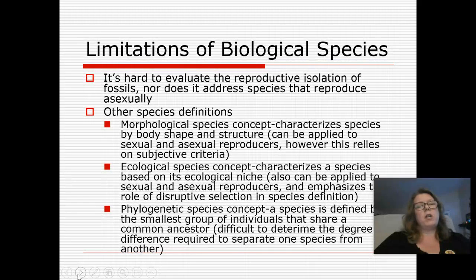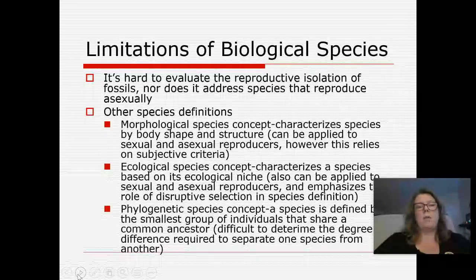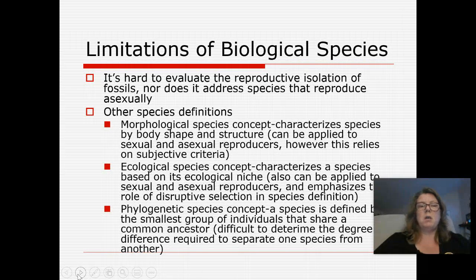There's also the phylogenetic species concept. Smallest group of individuals that share a common ancestor would be a species. It's hard to figure out at what point does one species become another then, right? And that's kind of the critical question with species in general, especially when you get variations within the species.